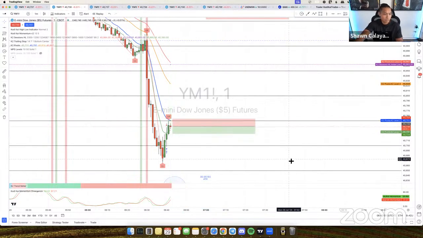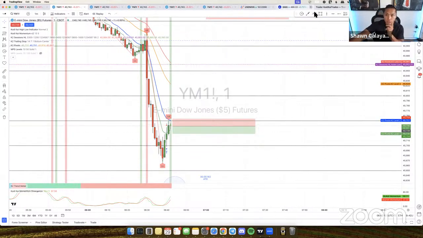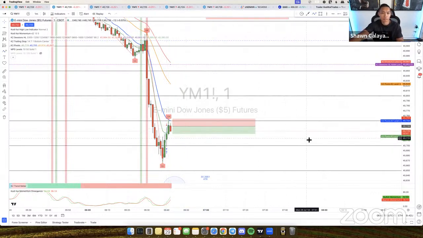It didn't bounce off the pivot, so there's no market flow entry there yet. Again, I need price to push up and then come back down pretty sharply, something like this here. It's got 30 seconds left on it. There's a lot of buy orders here, so I'm going to hold off for a little bit.